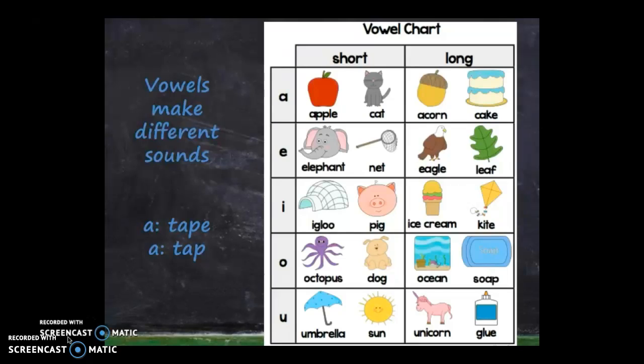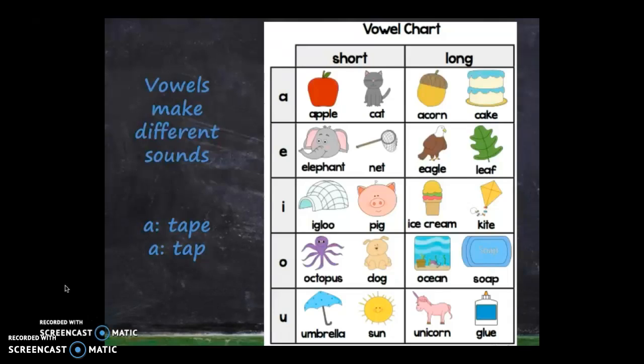They're very short sounds, such as A in apple, A in cat, elephant, net. It makes that sound. The I makes an I sound, as in igloo and pig, pig.